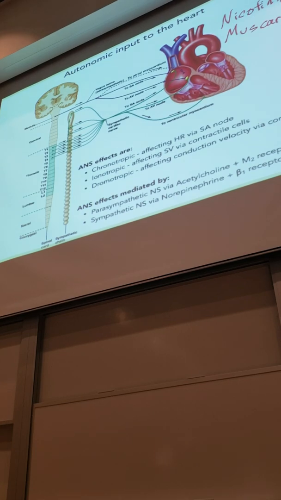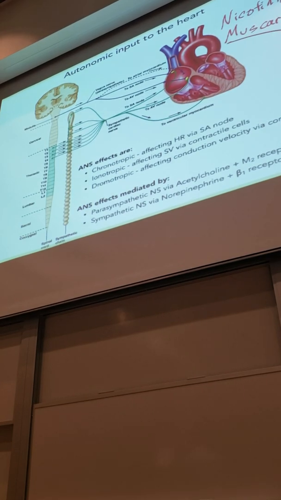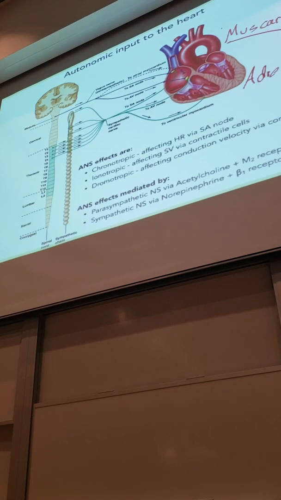So this is what we're dealing with. We're talking about muscarinic receptors today, and we're going to be talking about adrenergic receptors. The muscarinic receptor we care about today is called M2, and the adrenergic receptor we care about today is beta-1.